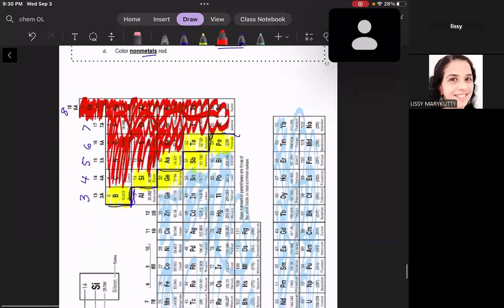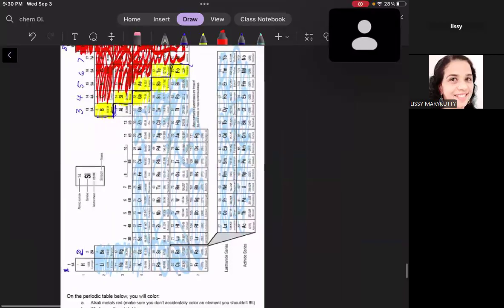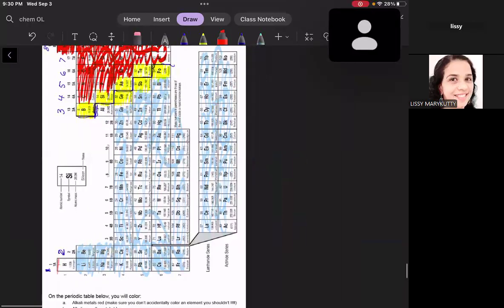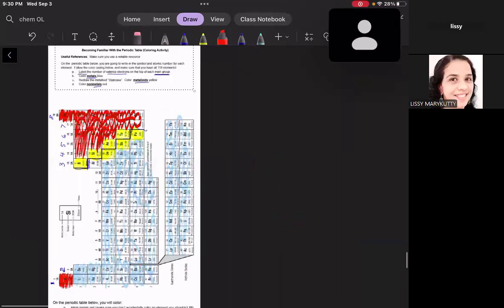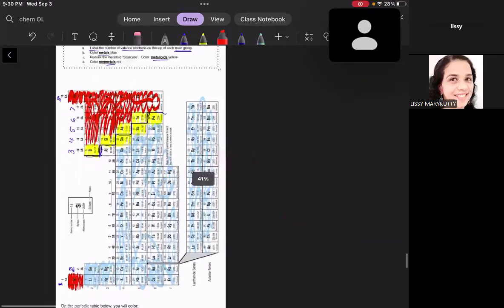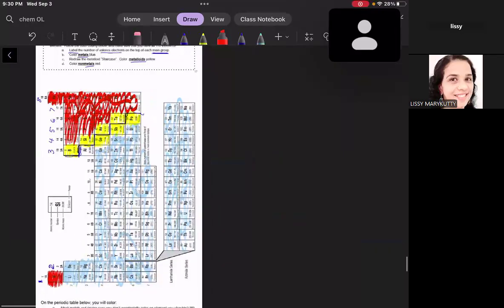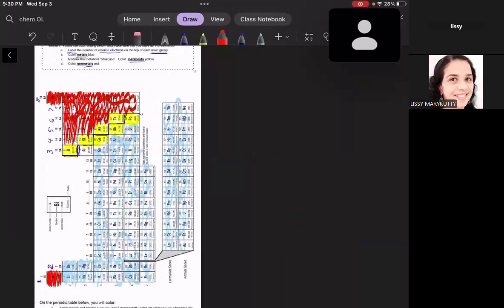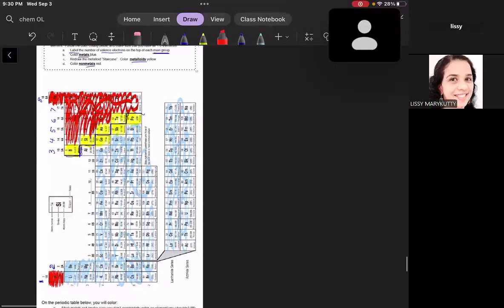And also, I'm going to color the hydrogen. Use a lighter color so that you can read it. Hydrogen is with the red color. So we can see all blues are metals, all yellows are metalloids, and all reds are nonmetals.